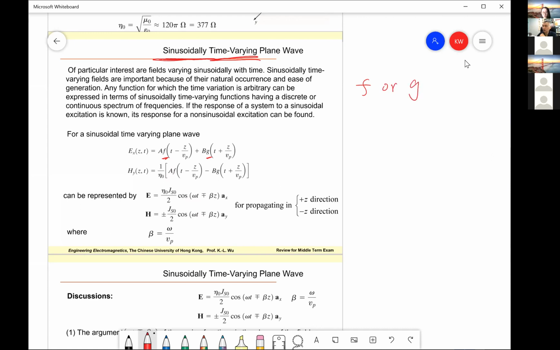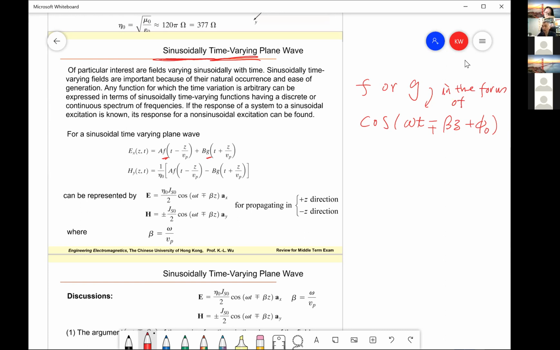That means that both function F or function G is in the form of cosine of omega t, plus or minus beta z, then plus another constant phi.